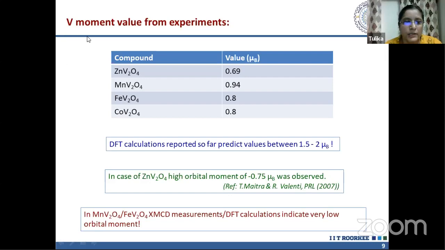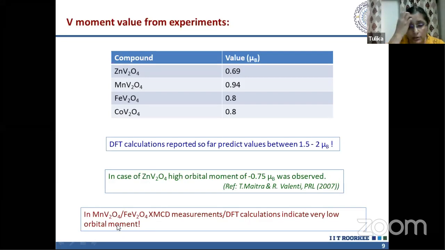In the case of zinc vanadate, the spin orbit interaction is found to be high, giving rise to a high orbital moment, which was around minus 0.75 μB, which partially cancels the spin moment, therefore giving a small magnetic moment. But in the other compounds, MnV2O4 and FeV2O4, the X-ray magnetic circular dichroism measurements or DFT calculations indicate that the orbital moment here is not that high.